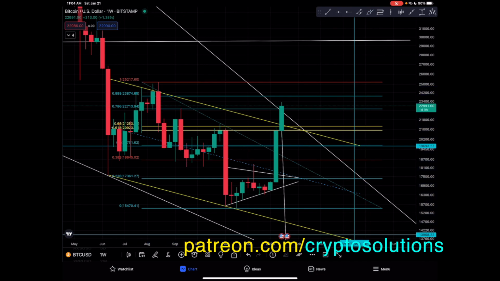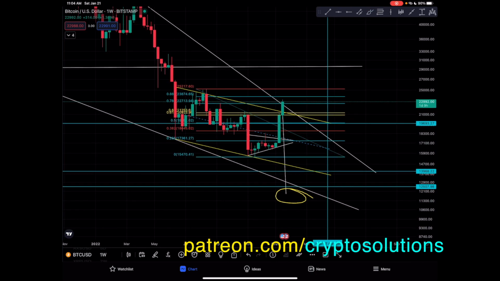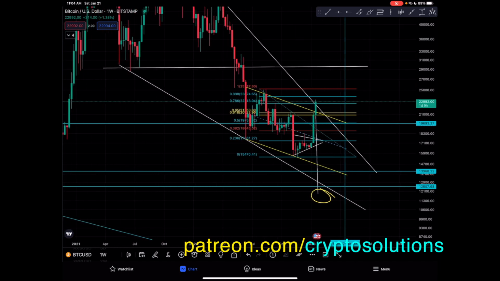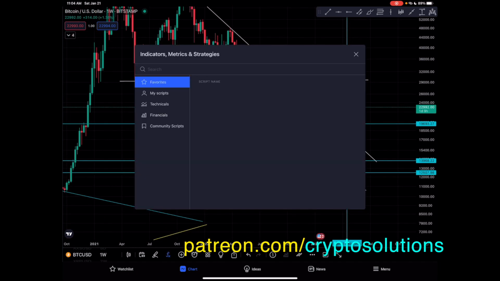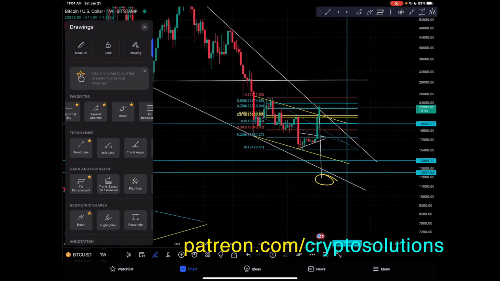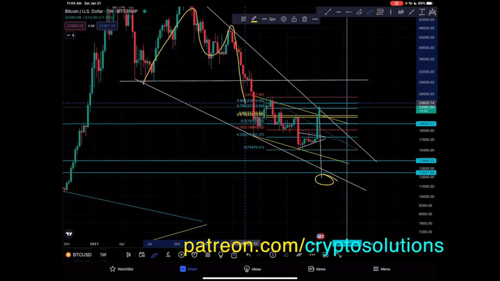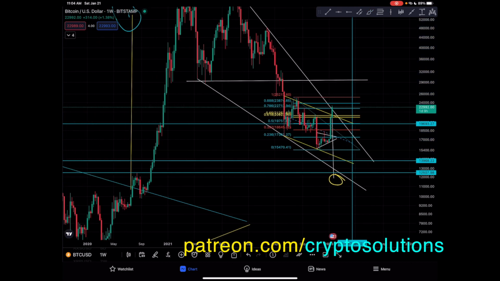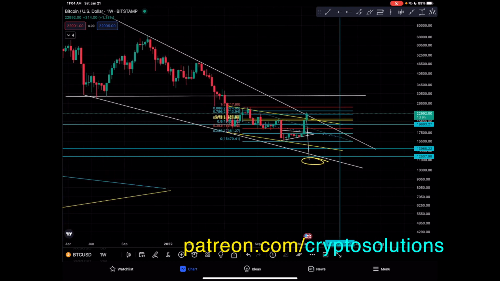And if that dead cat bounce scenario were to occur, then this bear flag would also be in play and complete the target all the way down around that $11,800 right there, okay? And also, that would be finding support on this bottom of the descending wedge, which will be here around that $13,000 level, okay? So those are the scenarios I'm seeing here for the Bitcoin price in the short term.